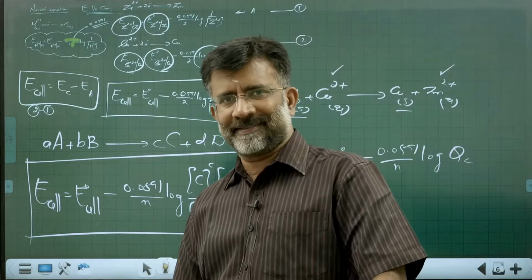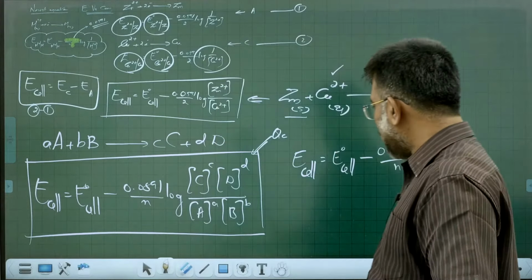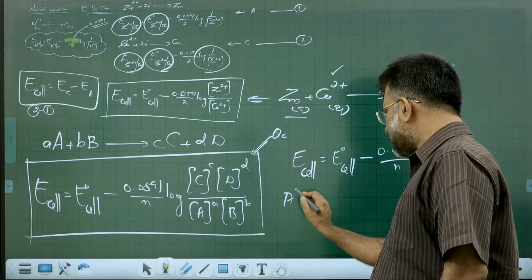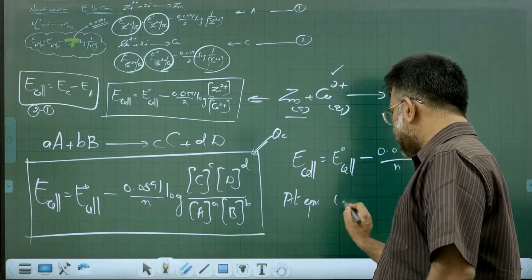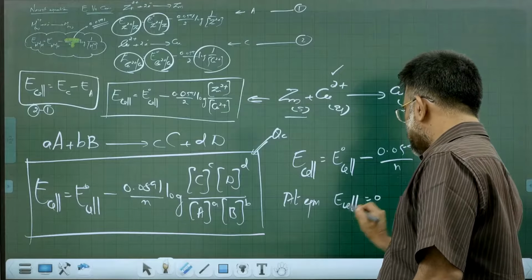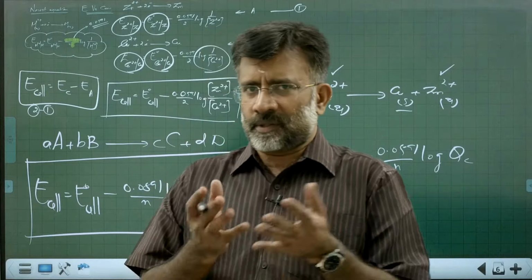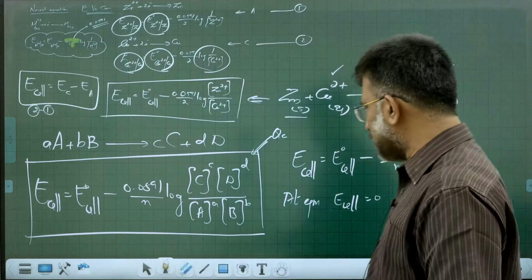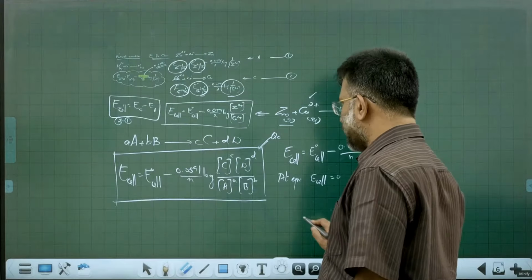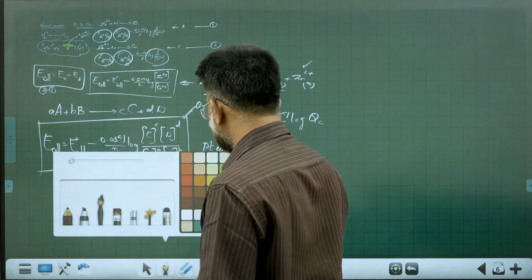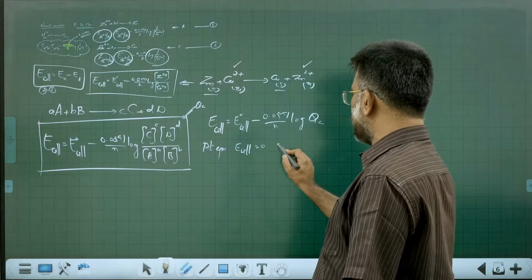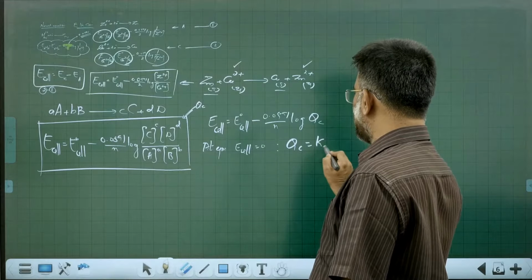Now, at equilibrium, E cell is equal to 0, because there is no net EMF. So upon simplification, at equilibrium, E cell is equal to 0 and also Qc equal to Kc.